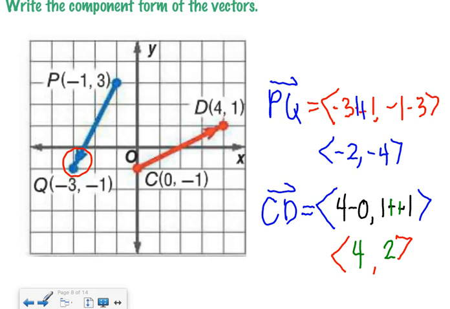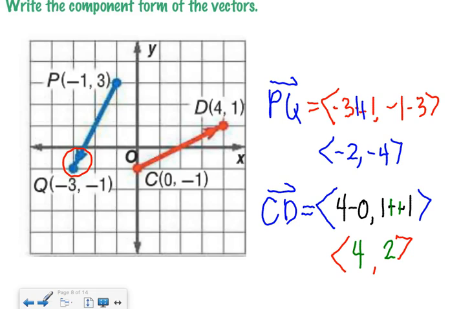You're just taking your terminal point and subtracting your starting point. All you're doing. You okay with that?